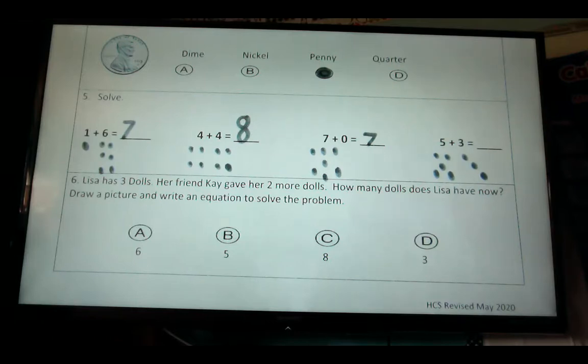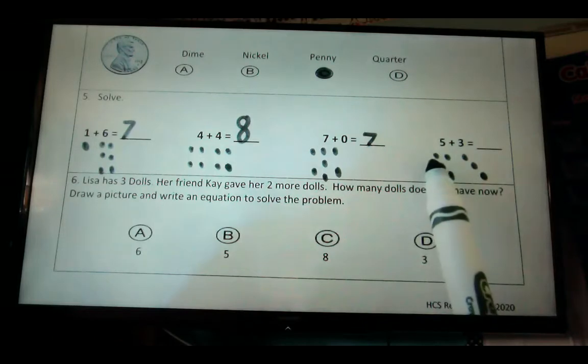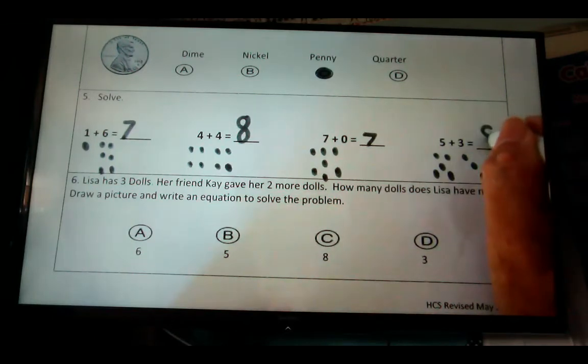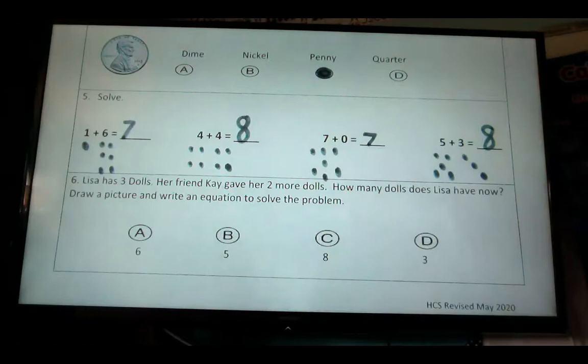Help me count. 1, 2, 3, 4, 5, 6, 7, 8. Let's read our equation now. 5 plus 3 equals 8. Nice job, friends.